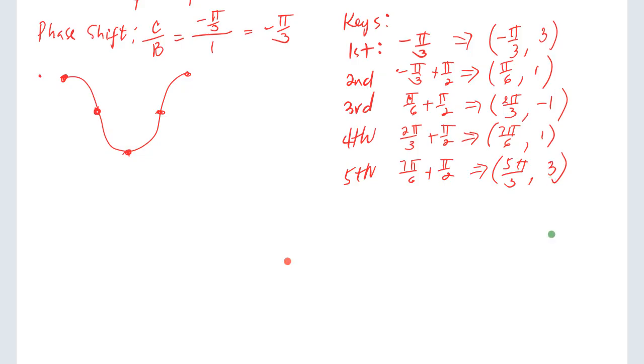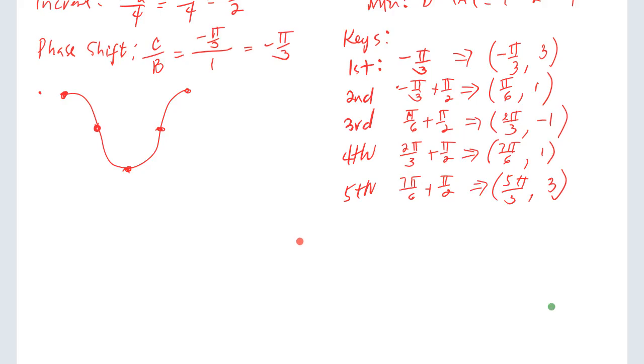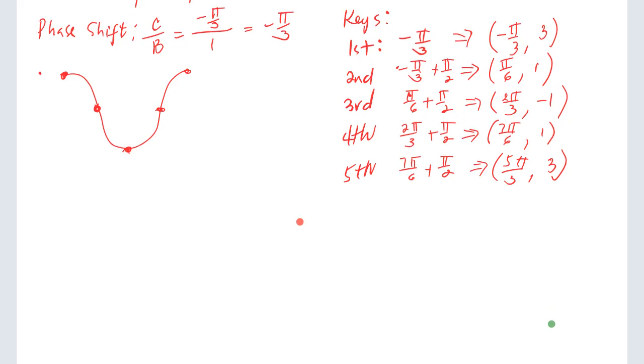I will now begin graphing the secant theta. Remember, we are graphing two periods here. So it did not tell us whether we are graphing from a particular exact point or ending with a specific interval. So wherever we choose the starting and then the ending point, I'll be using the negative pi over 3 here.